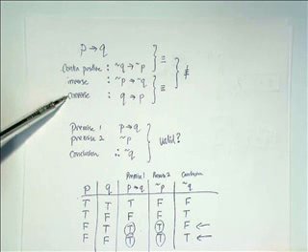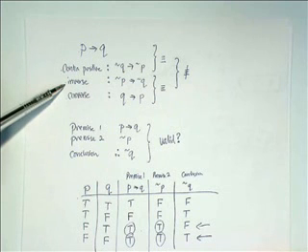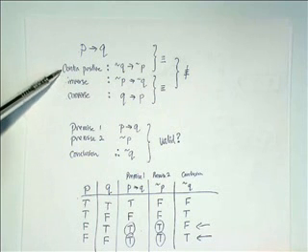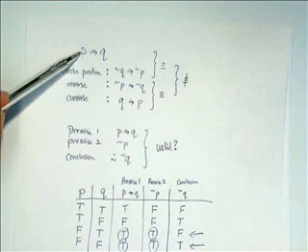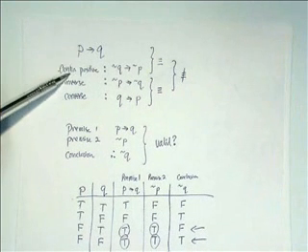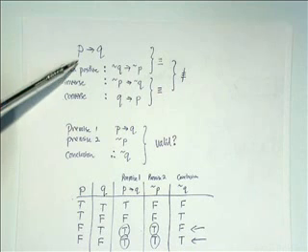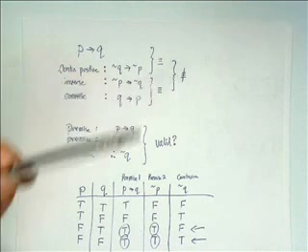The original statement and the contrapositive are logically equivalent. The original statement and the inverse are not. The original statement and the converse are not. Contrapositive and inverse, not logically equivalent. Contrapositive and converse, not logically equivalent. So only the original statement and the contrapositive are logically equivalent.